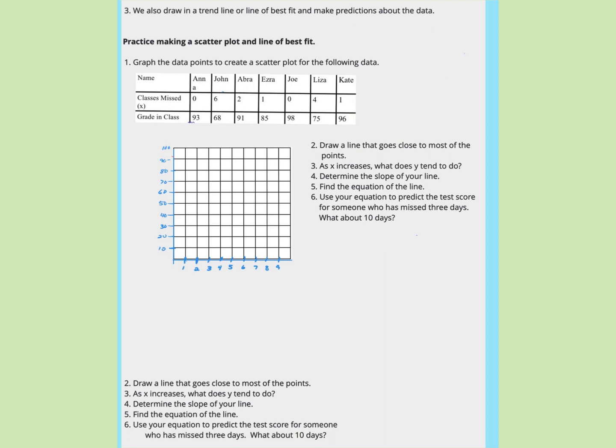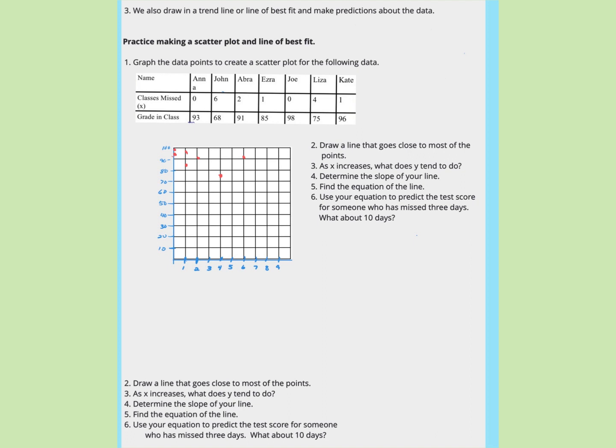The horizontal axis is number of classes missed, and the vertical axis is grade in the class. All right, I went ahead and graphed these data points. The data points are up high on the top part of my graph. It does look like they're scattering around a line, and the data values could be going in a negative direction.